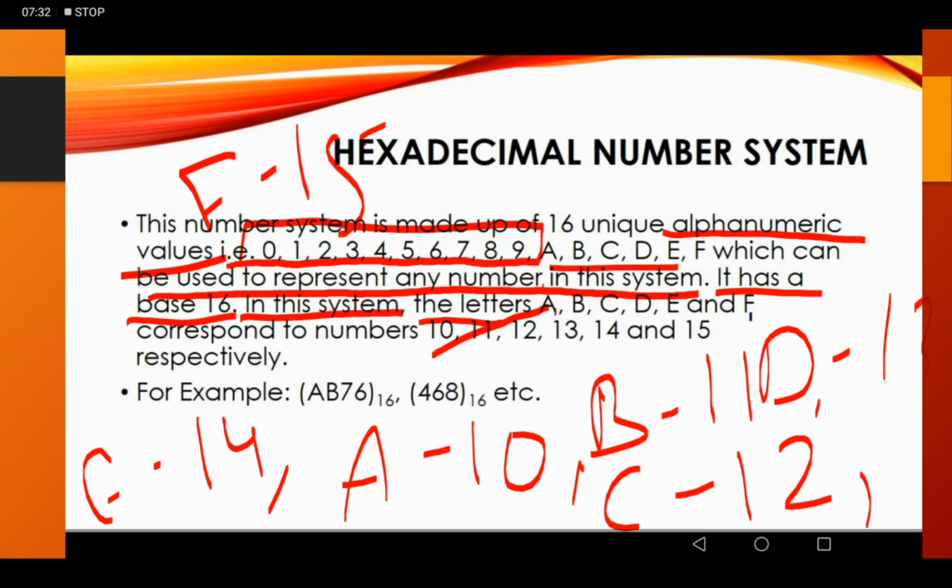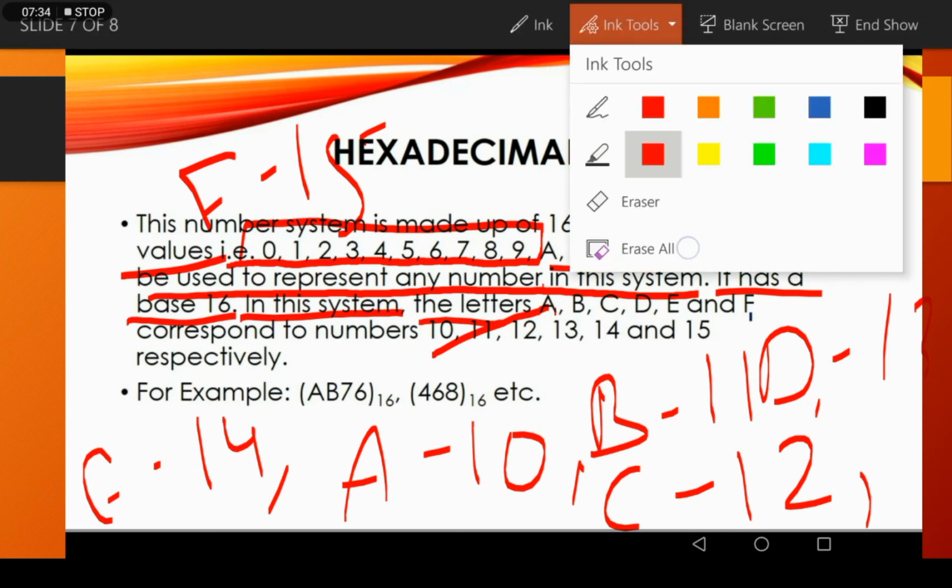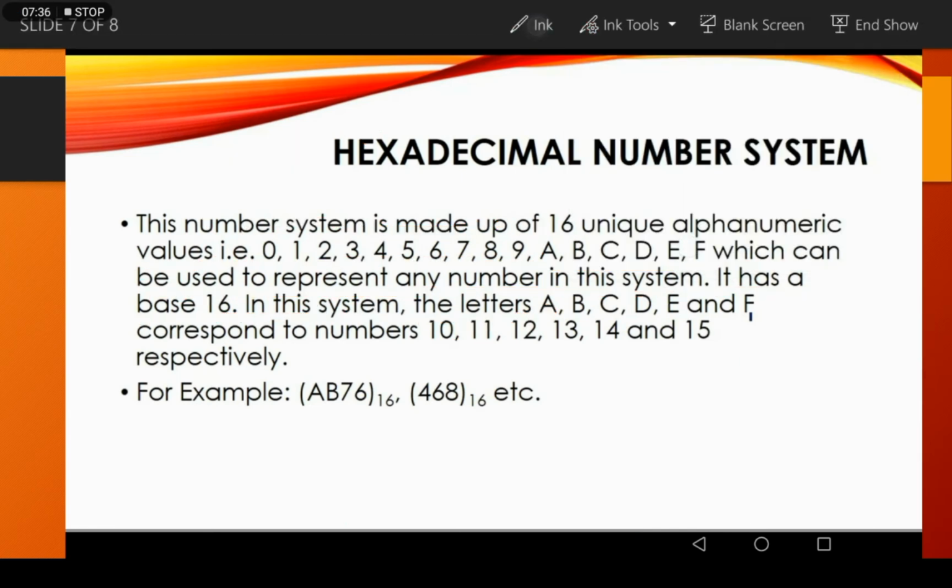So I hope it's clear. So you can see the example A, B, 7, 6, which is the alphanumeric value, and the base of hexadecimal number system is 16. So that is it for today.